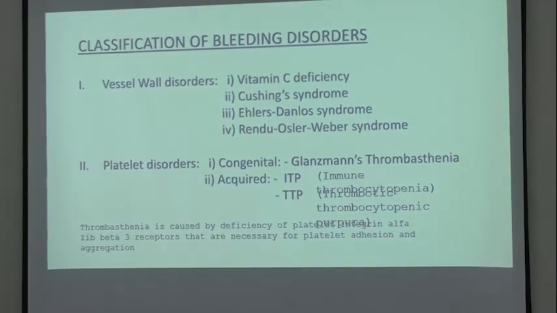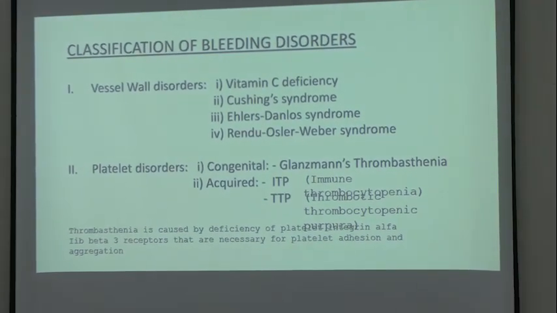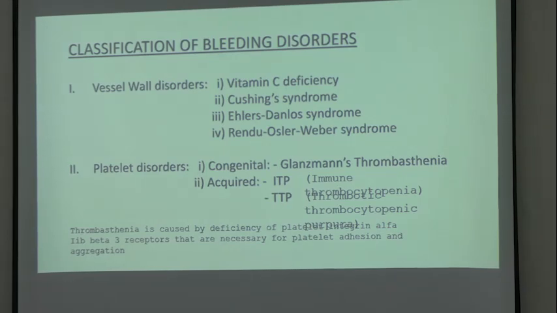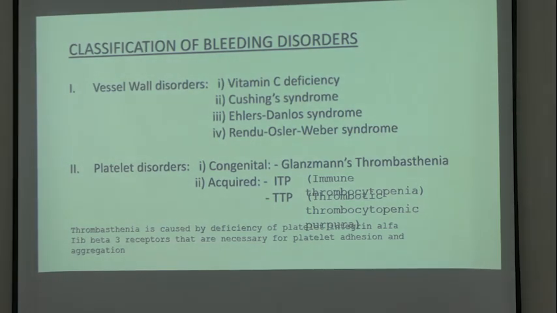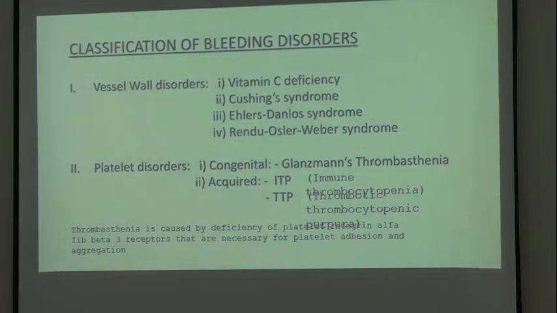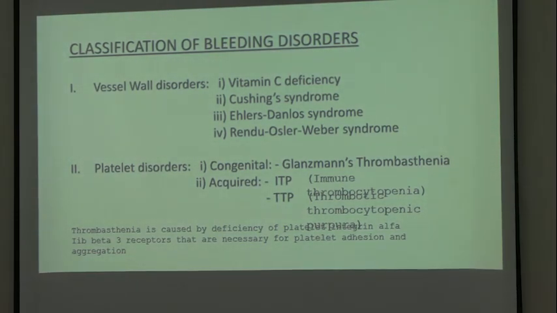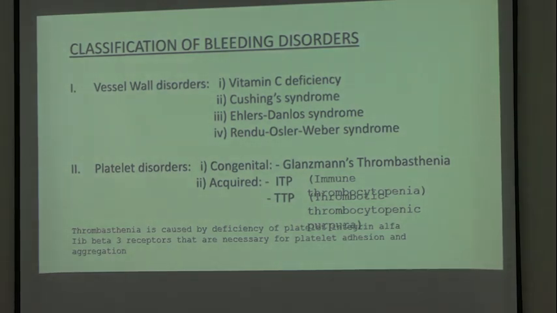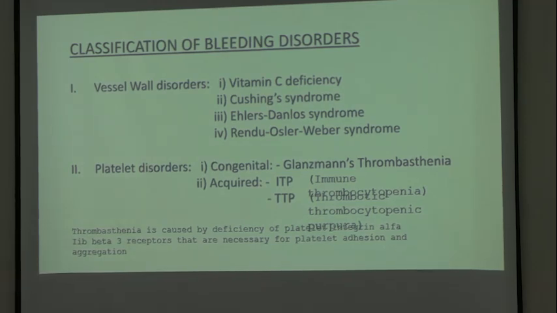See, there may be automatic spontaneous bleeding in the skin or below the skin, and it may be because of disease of the platelets or the factors, or the disease of the wall, capillary wall, abnormality of the capillary wall.